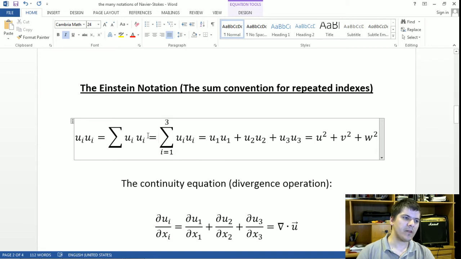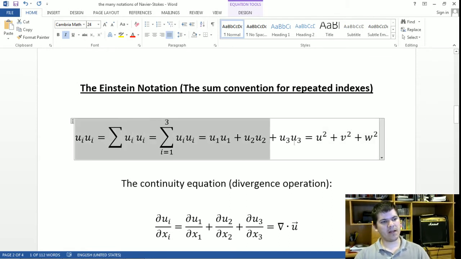When we expand this sum, we obtain u1 plus u2 plus u3. In our case, u1 is equal to u, the x component of velocity, u2 is equal to v, and u3 is equal to w. So this is actually equal to u squared plus v squared plus w squared.